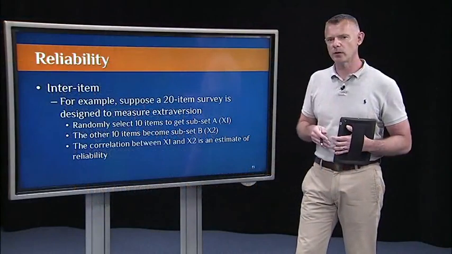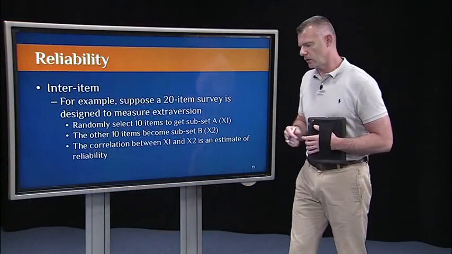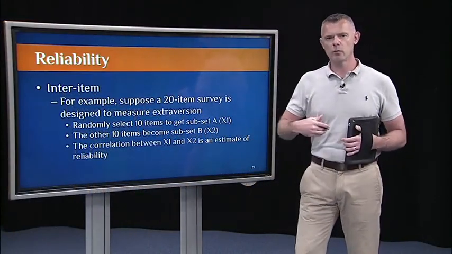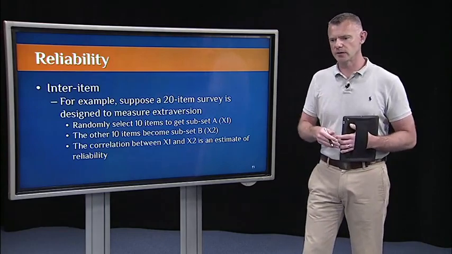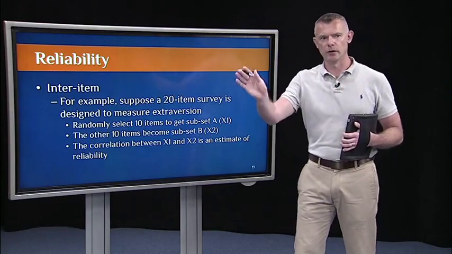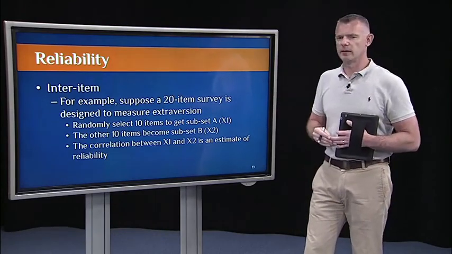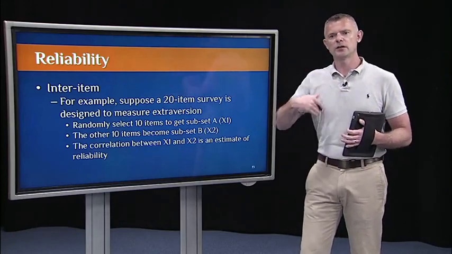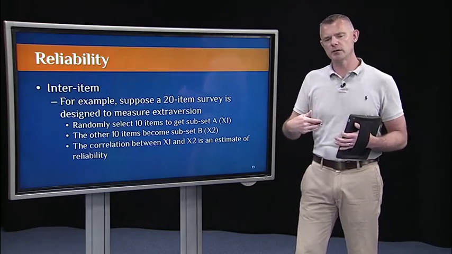If you remember back to the correlational studies lecture where we talked about personality, there was one question that got at extroversion that said, I'm the life of the party, strongly disagree, strongly agree. And then there was another one that said, I don't mind being the center of attention, strongly disagree, strongly agree. There are several like that built into the survey.